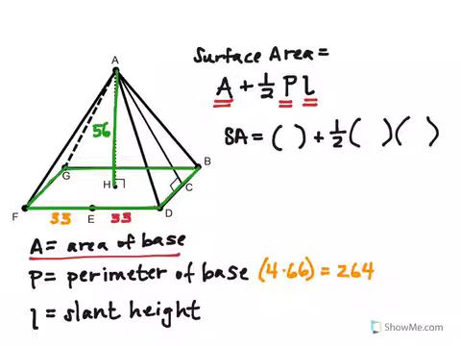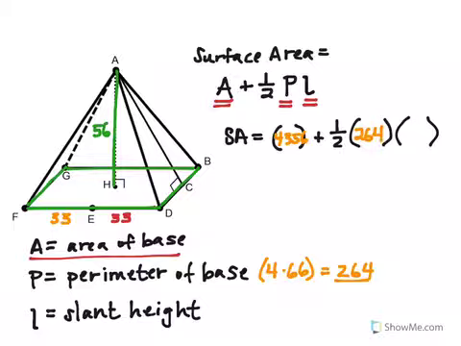So we have the area from the other problem that we did, the volume, which was 4,356. We just solved for the perimeter, which is 264.